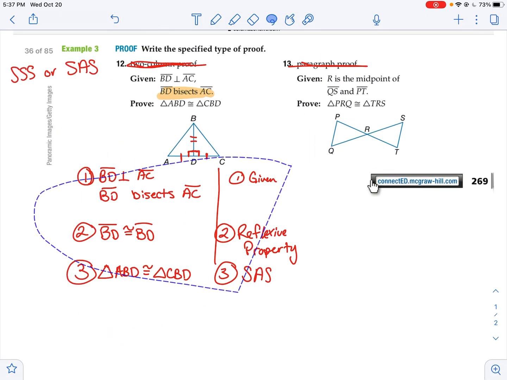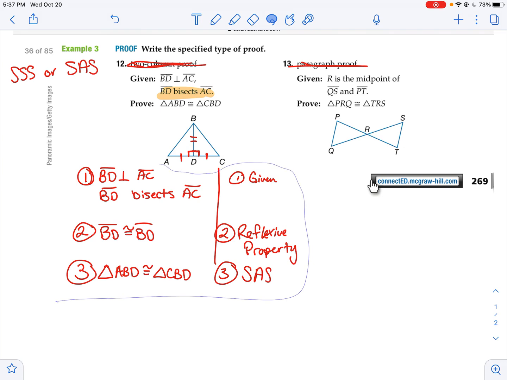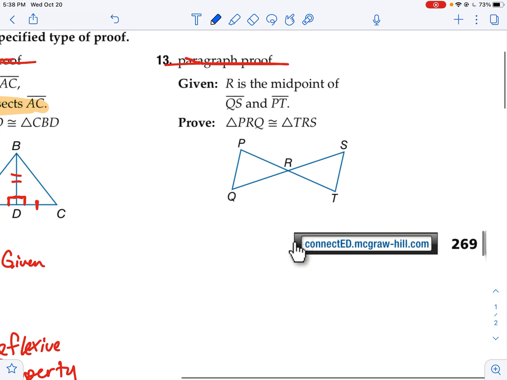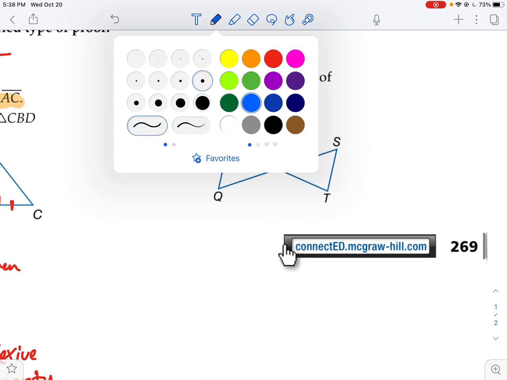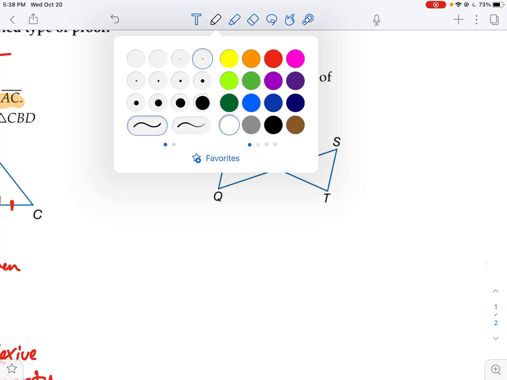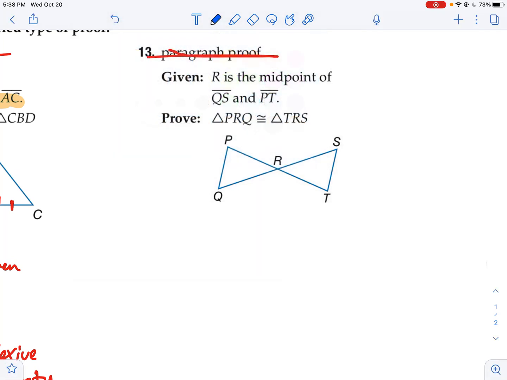All right, I'm going to switch colors here. Let me move this stuff off to the side so I get a fresh start. All right, so R is the midpoint of QS and PT.